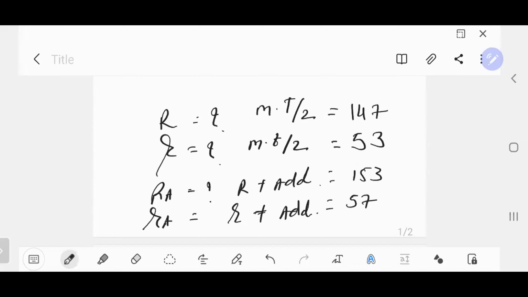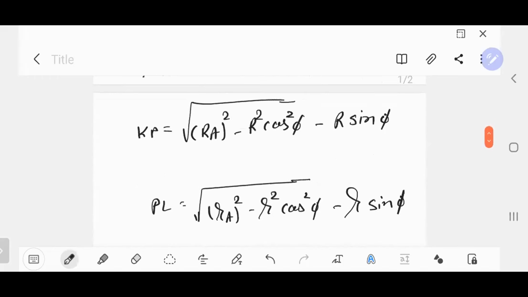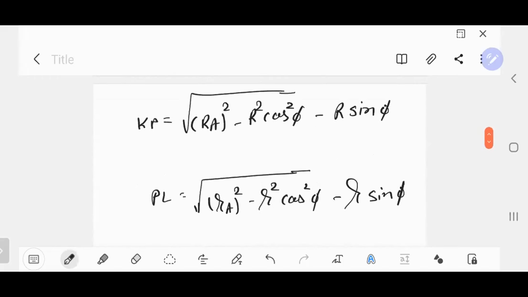So this is all we have. Capital R, small r, RA, small r. Now this is the very important thing, and still many students make mistakes in the calculation of this.